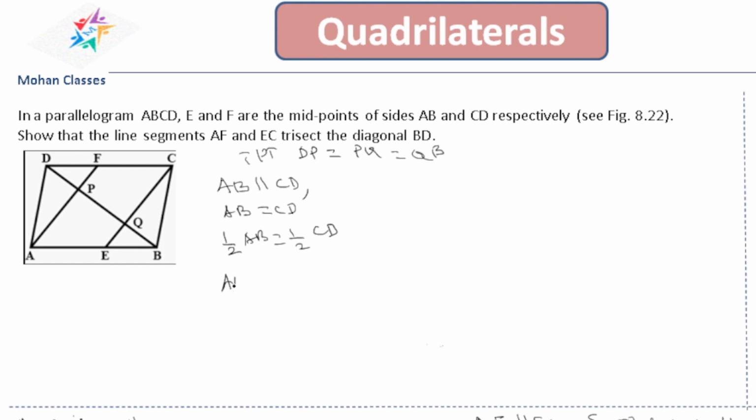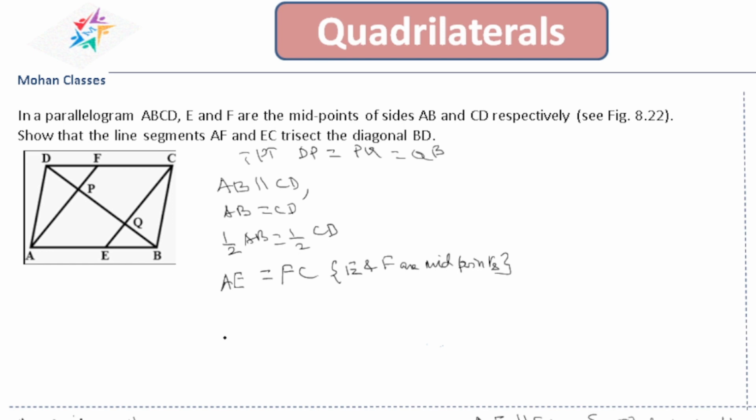AE is equal to FC. Why? E and F are midpoints, therefore AE is equal to FC.